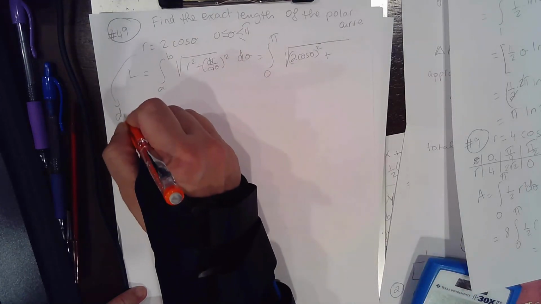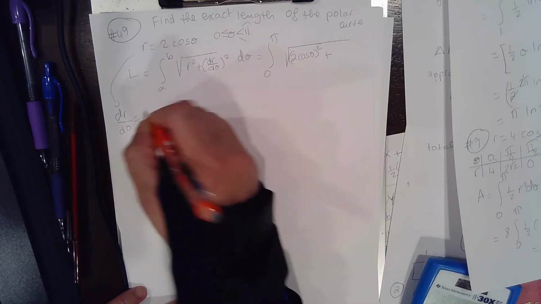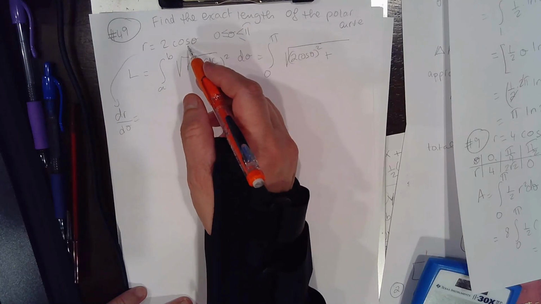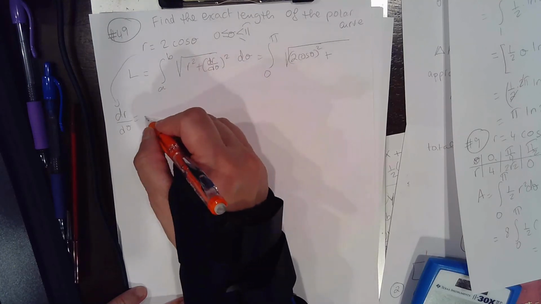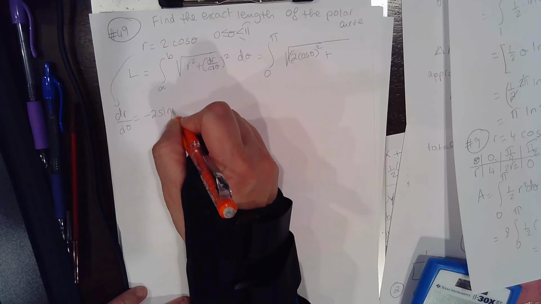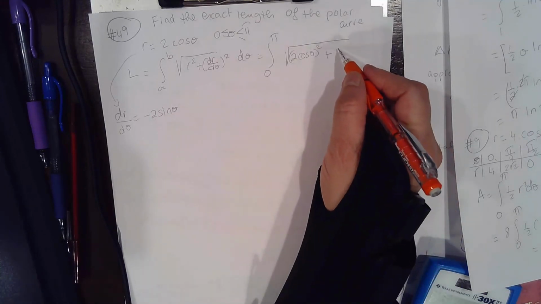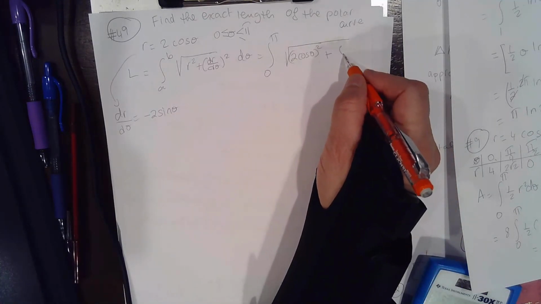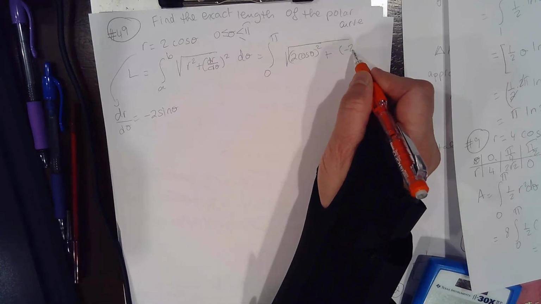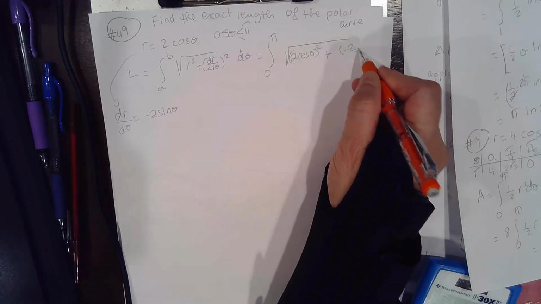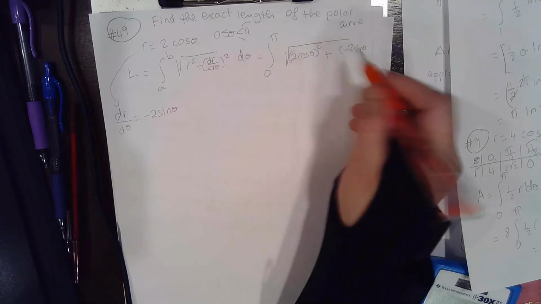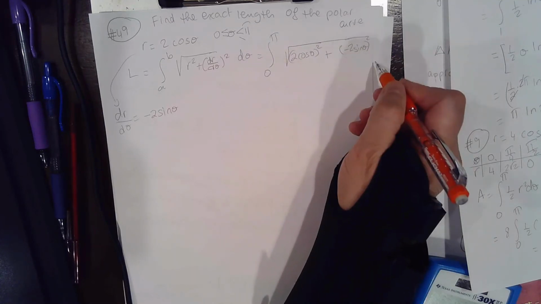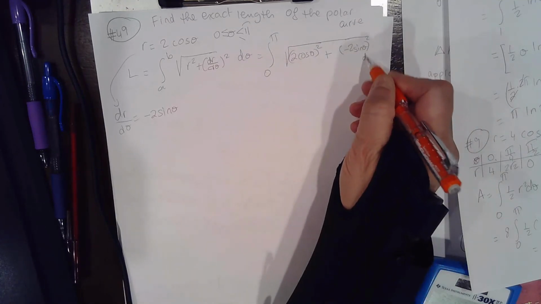The derivative of cosine is negative sine, so dr/dθ is negative 2 sinθ, and it's squared. This is dθ.